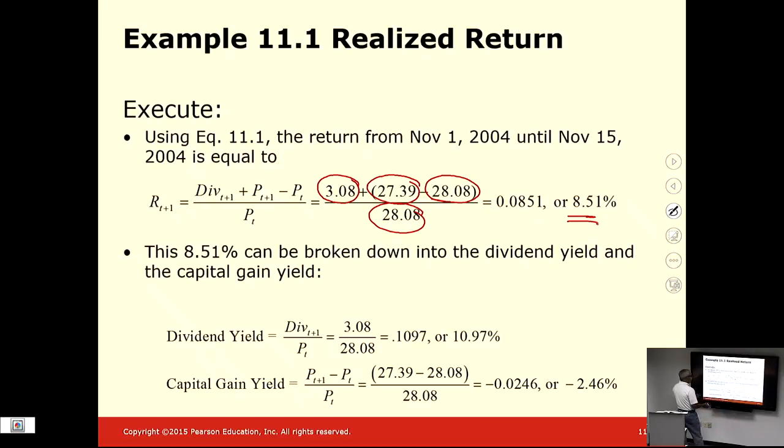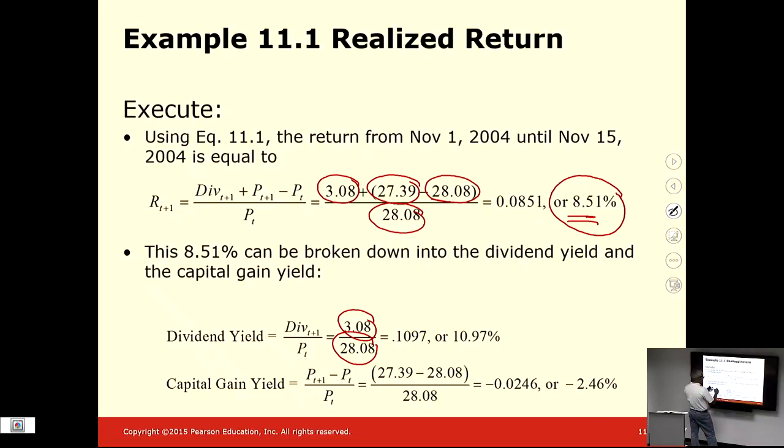If you want to divide this into its components, what proportion of that 8.5% reward came from dividends and what proportion came from the rise, or in this case, the fall in stock price? Dividend yield would be the dividend divided by the stock price.